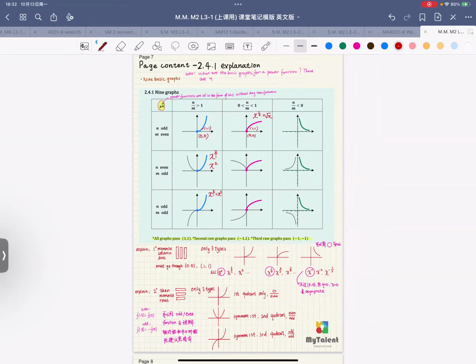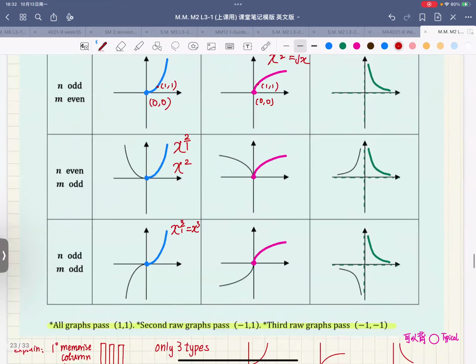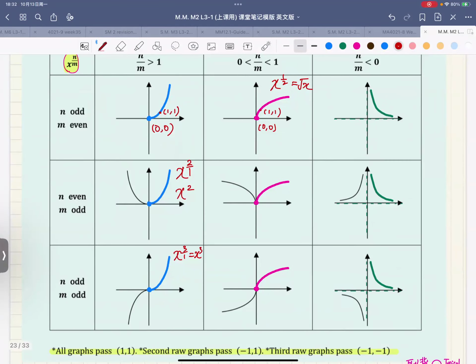Here are some tips about how to memorize it. See the blue line? For the first row, you only have the graph on the right-hand side of the y-axis. There's no graph on the left. For the second row, you have the same shape, but you have a graph on the left-hand side.